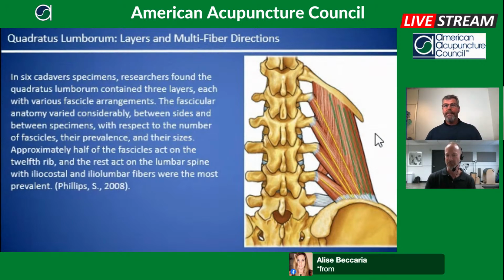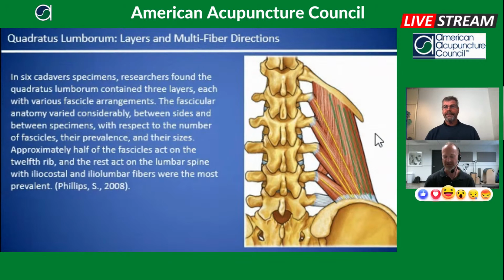In this research, there are 3 layers to the quadratus lumborum. We're looking at the back, through the posterior part of the body, so we're looking at the posterior layer, but there's also a middle layer and an anterior layer. So there are really 3 layers to this complex muscle. This particular research compared these 6 specimens and looked at the various fascicle arrangements.